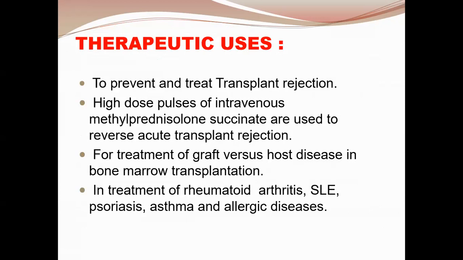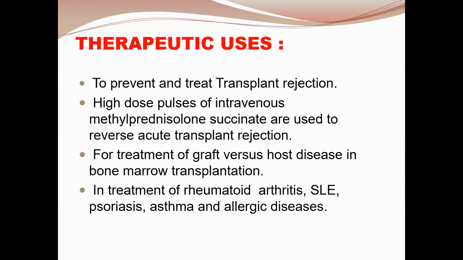Then what are the therapeutic uses of glucocorticoids or adrenocorticosteroids? They are used to prevent and treat the transplant rejections. High dose pulses of intravenous methylprednisolone succinate are used to reverse acute transplant rejection.